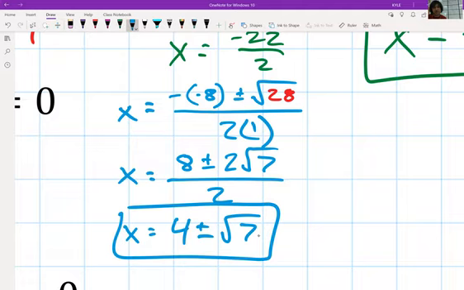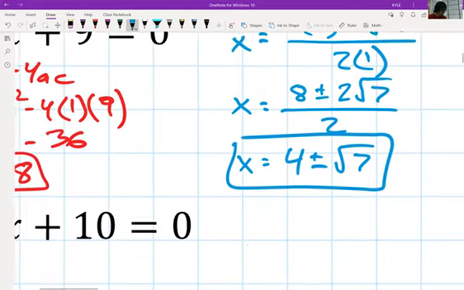I would say it's actually a beautiful answer. I know it doesn't simplify perfectly, but 4 plus root 7, 4 minus root 7, quadratic formula works every time, kind of like completing the square, another one of our methods. I mean, we never would have found 4 plus root 7 on our graph. We would not be that exact. So this is a great solution there.